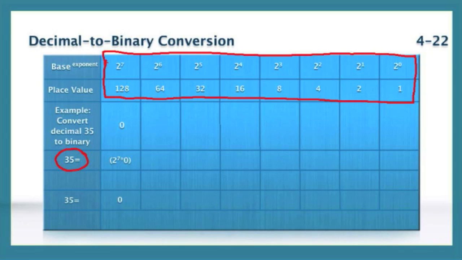All you do to convert from decimal to binary is examine: can you subtract this number from the number you are converting? Can you subtract 128 from 35? And the answer is no. I mean, you could, but you'd have a negative number, so that doesn't make any sense.